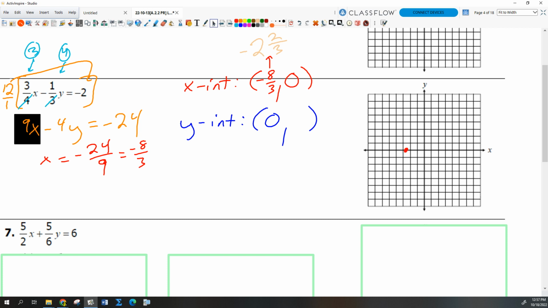So negative 4y equals negative 24. And so what's the answer going to be? 6. There we go. Okay. So (0, 6) is right there. And if I connect and extend, there's my line.